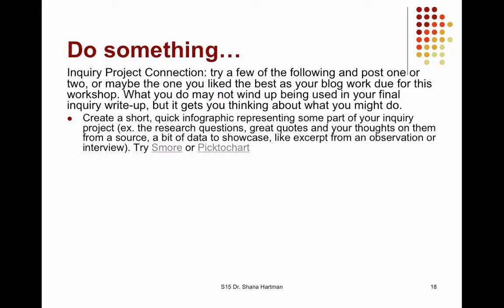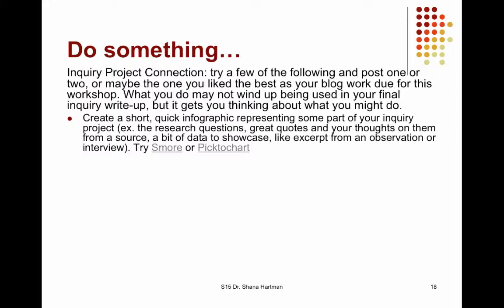Here are some options. Create a short, quick, so not a lot of information, but an infographic representing some part of your inquiry project. It might be something to represent your research questions, maybe some great quotes or your thoughts on them from a source so far, just one source, a bit of data if you have talked to someone or collected any kind of observation data so far.